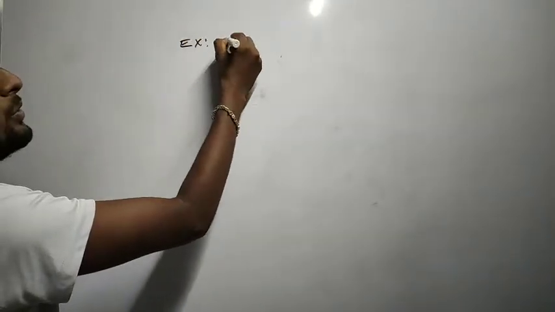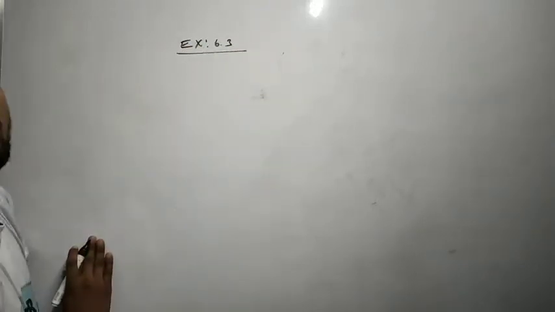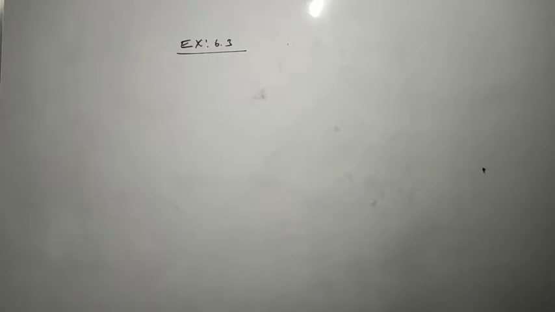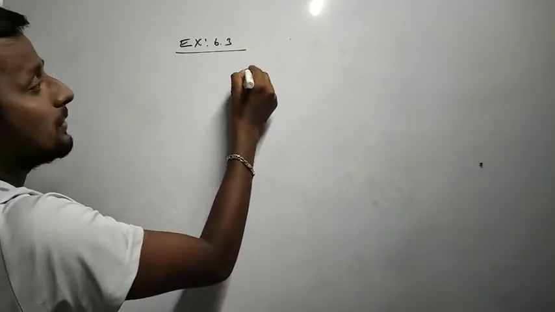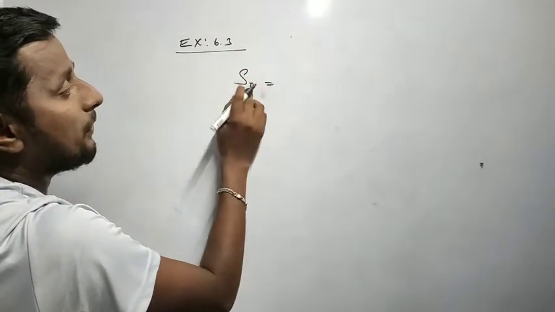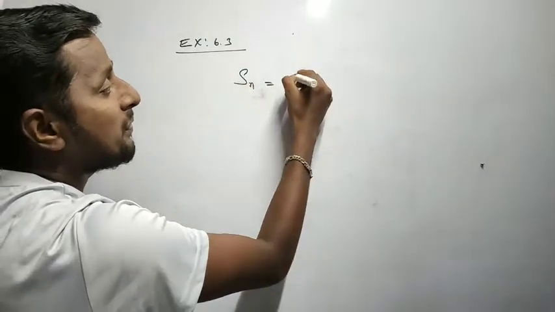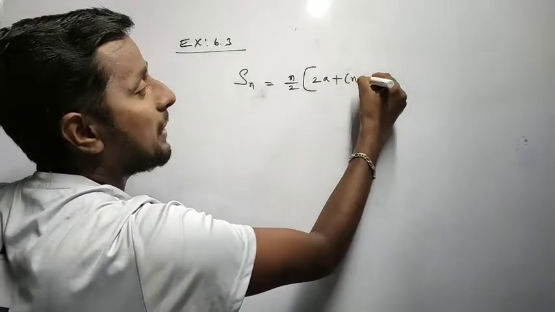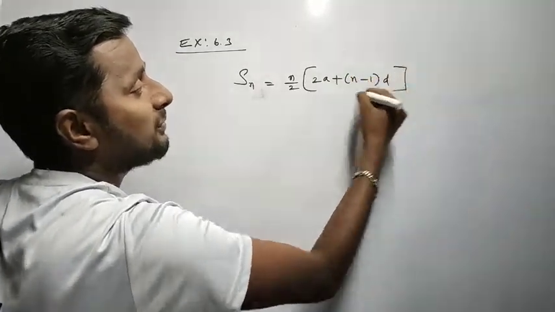Welcome back all. Before starting exercise 6.3, let us recall the formulas for the sum of the first n terms. Sn equals n by 2 of (2a plus (n minus 1) into d).